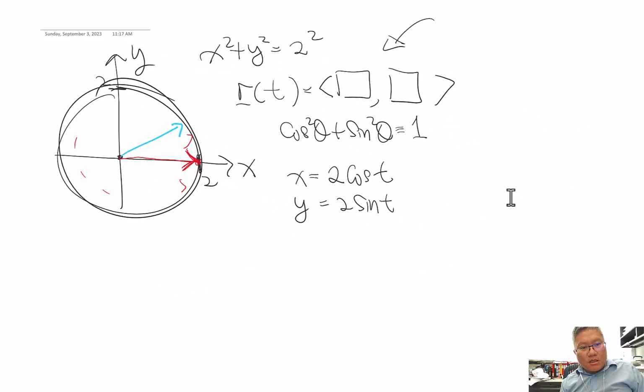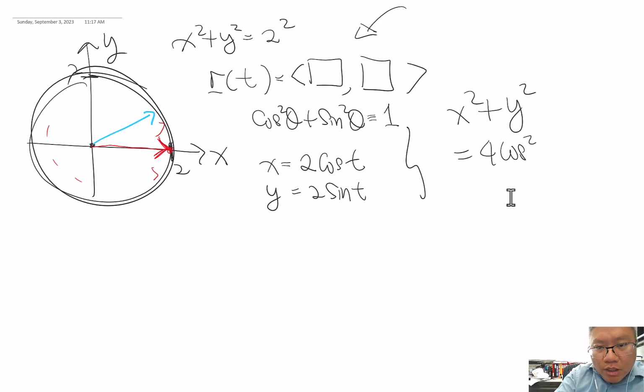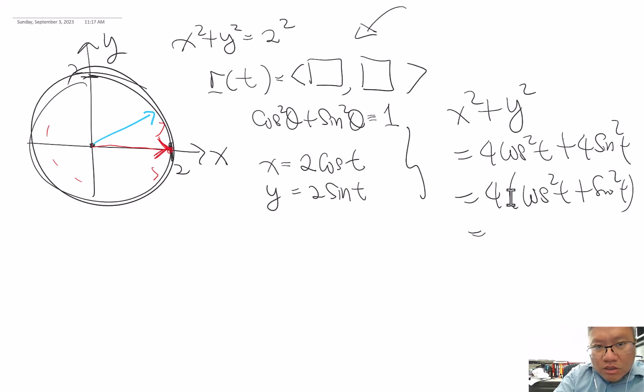So x is equal to 2 cosine t, y equals 2 sine t. If I write it like that, isn't it that my x squared plus y squared now is going to be 4 cosine squared t plus 4 sine squared t, and I can factor out the 4 and get cosine squared t plus sine squared t, and then that is going to be my 2 squared, which is exactly this.